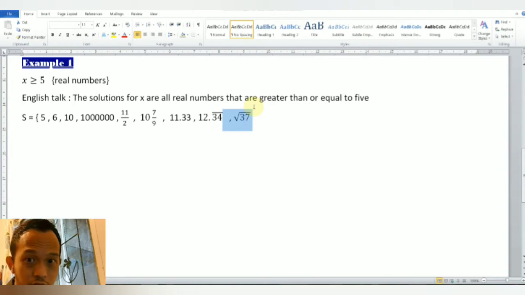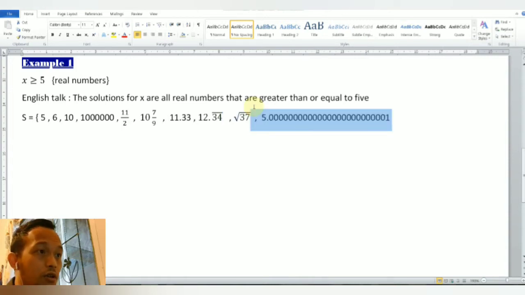Square roots, radicals: the square root of 37 is 6 point something, which is greater than 5. It is a real number. So even this one, 5.000000000 until at some point there's a 1. So it is not equal to 5, but it is very slightly greater than 5.